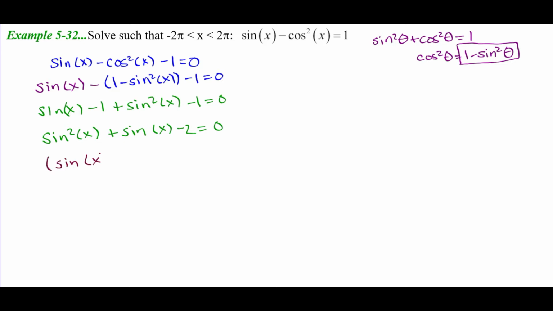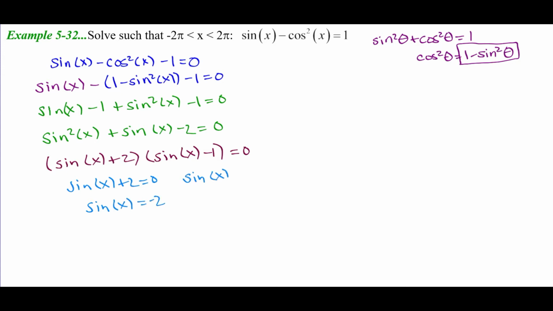Sine x plus 2, sine x minus 1 equals 0. And then setting each of these equal to 0, I would get sine x plus 2 equals 0. So sine x equals negative 2. And over here I would get sine x minus 1 equals 0.